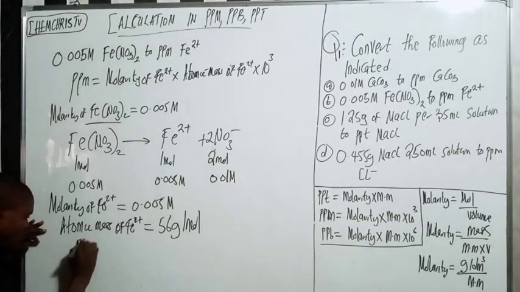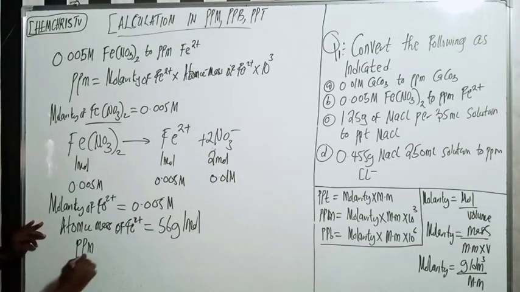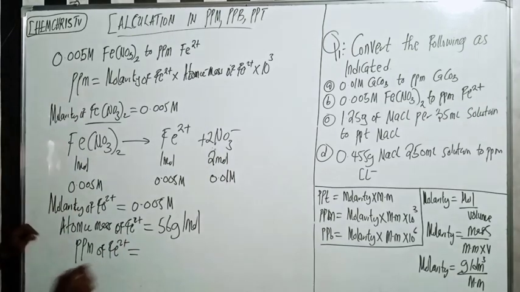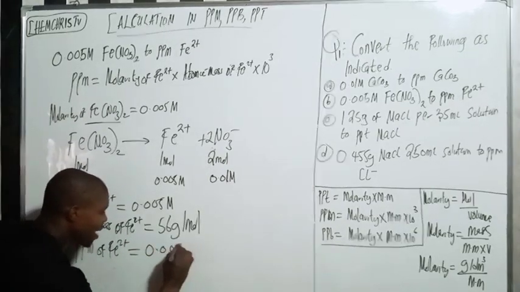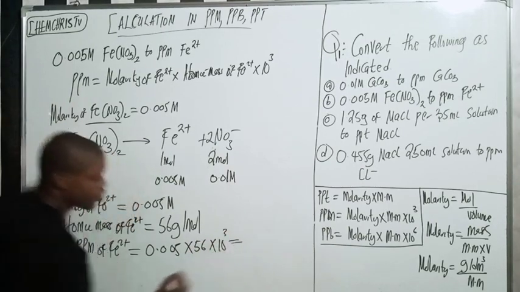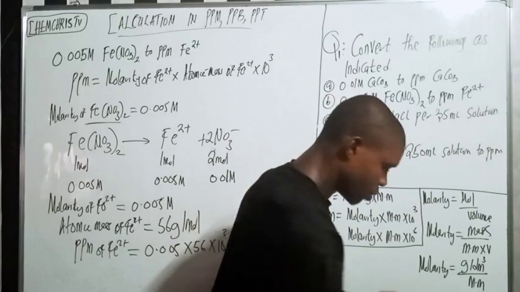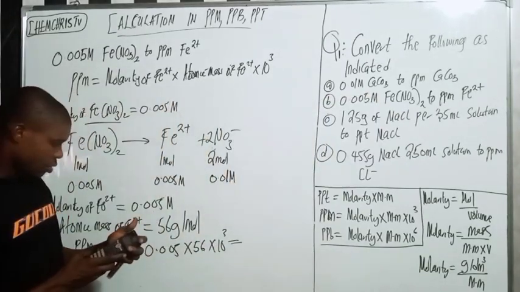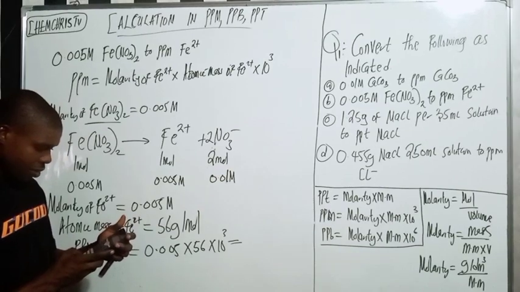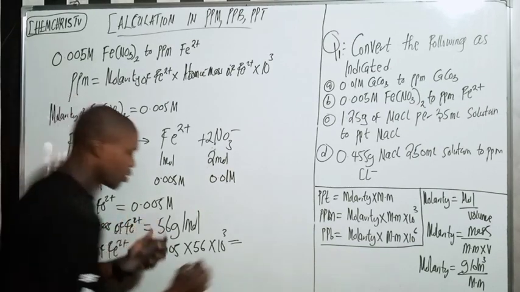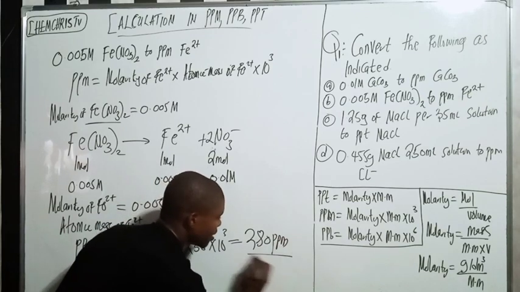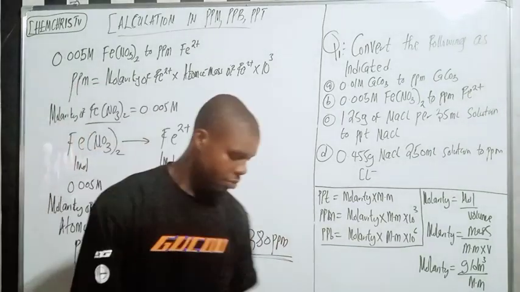The ppm of Fe2+ is going to be 0.005 times 56 times 10 to the power 3. So it's 0.005 times 56 times 1000. You have 280 ppm. That is the answer, right?